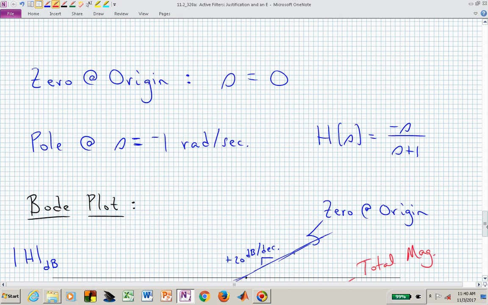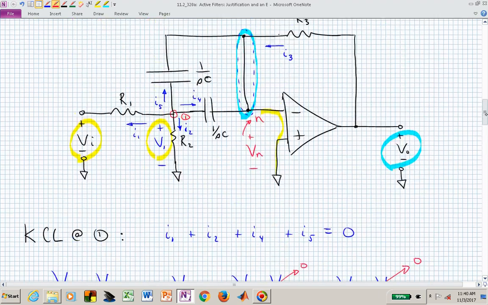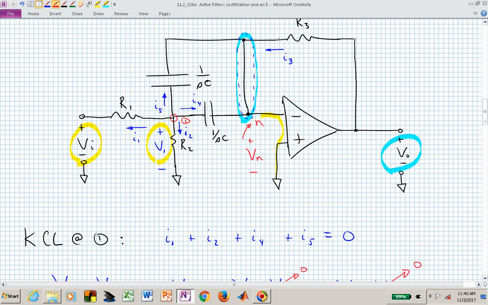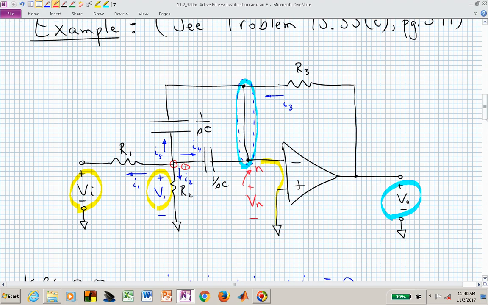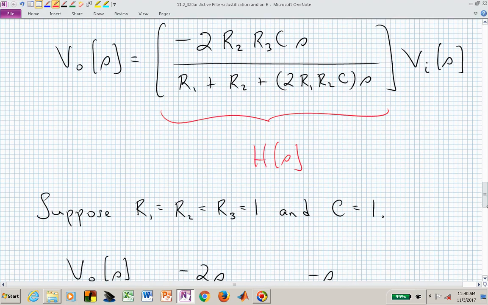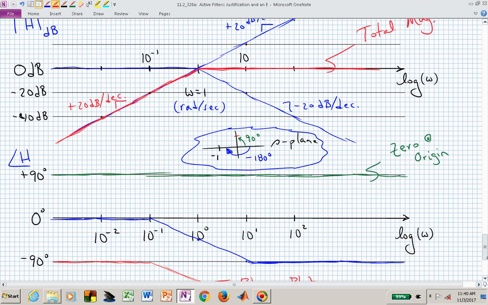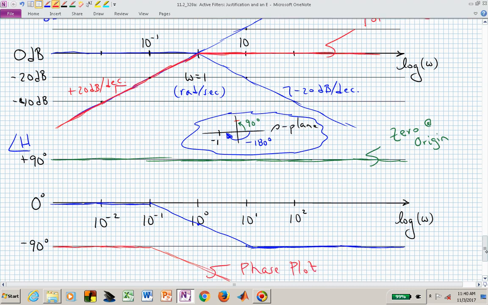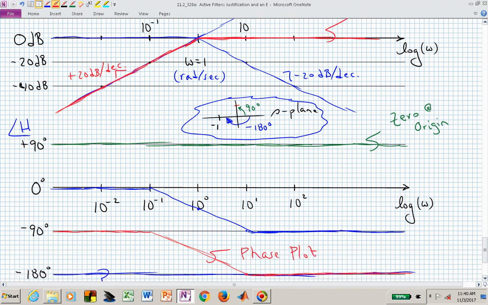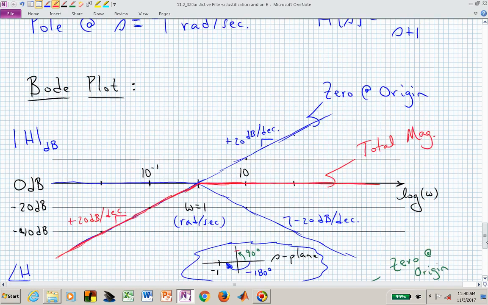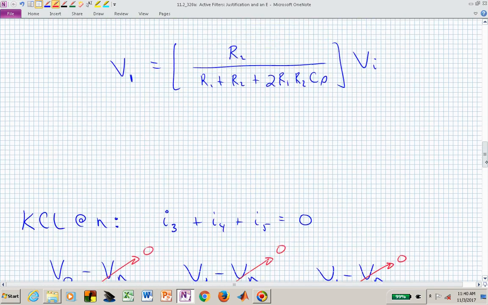associated with this active filter that we began with, and this active filter is now producing a frequency response consistent with a high pass filter. So that now hopefully you have a way of understanding these active filters. We know how to analyze those.